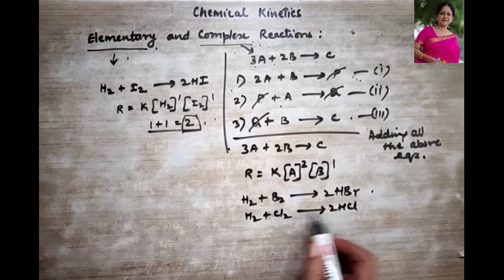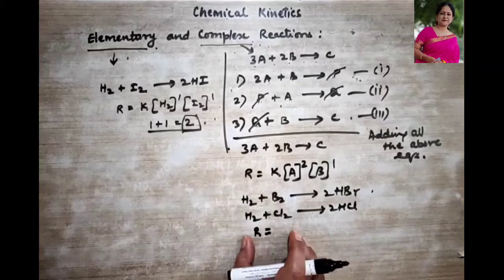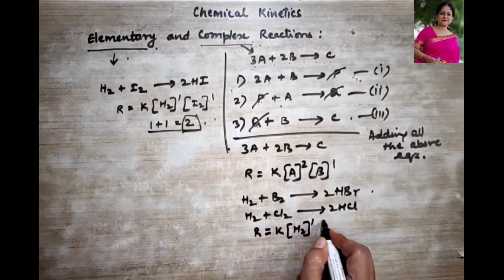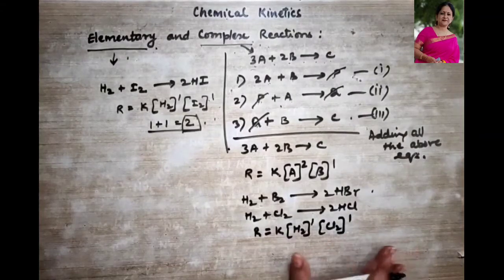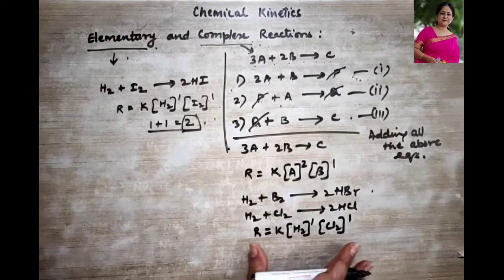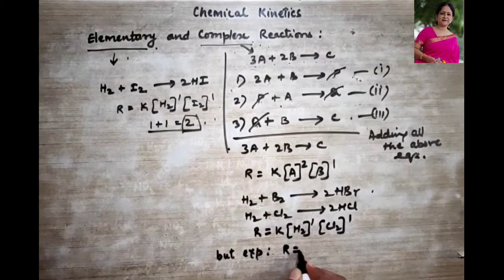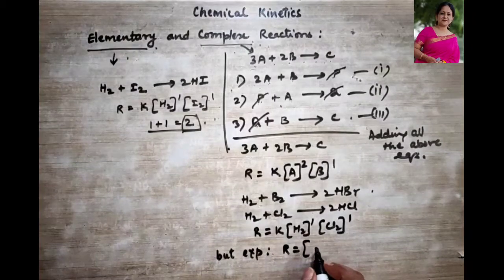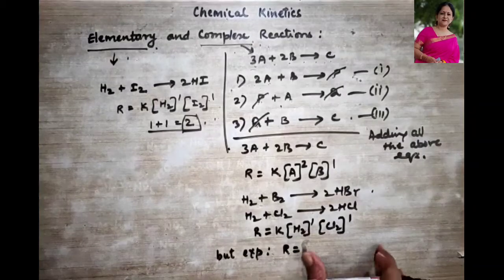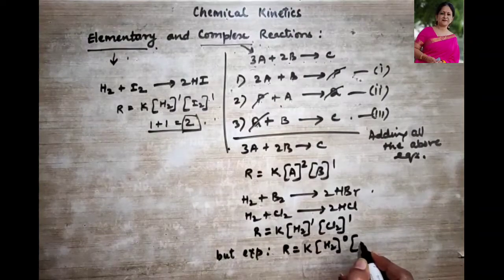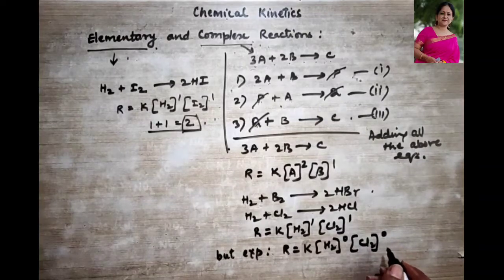For example, if we look at this, H2 plus Cl2 gives 2HCl. The rate law will be over here equal to K [H2]^1 [Cl2]^1, right? It looks like it is this, but experimentally, actually R is equal to K [H2]^0 [Cl2]^0, right?